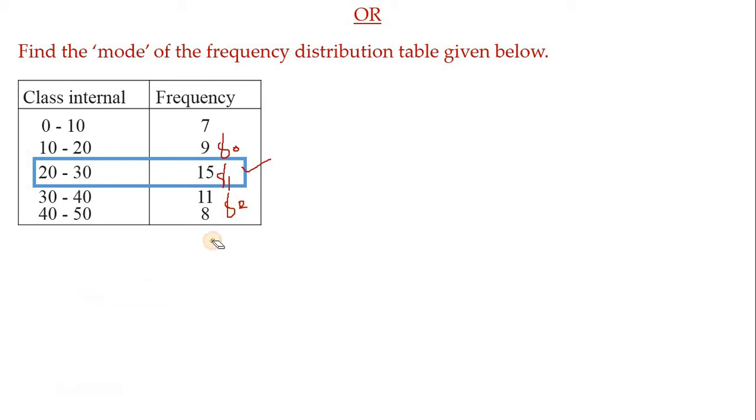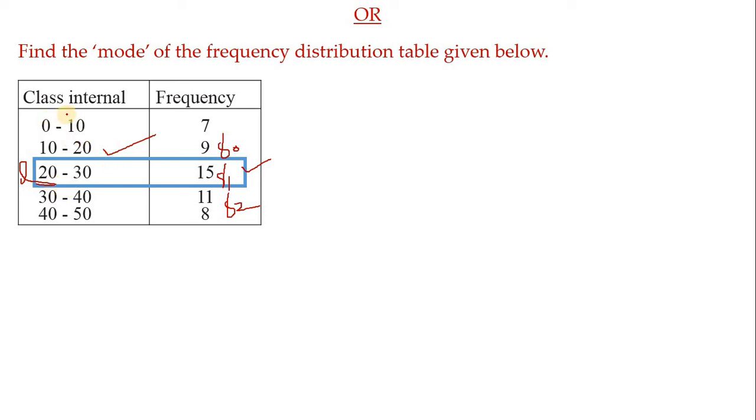Now let me write this like this. So this is f2. The box I marked in the table, children, we call it the modal class. In that class, the lower limit is the L value. Here 20 is the lower limit, hence that is the L value.